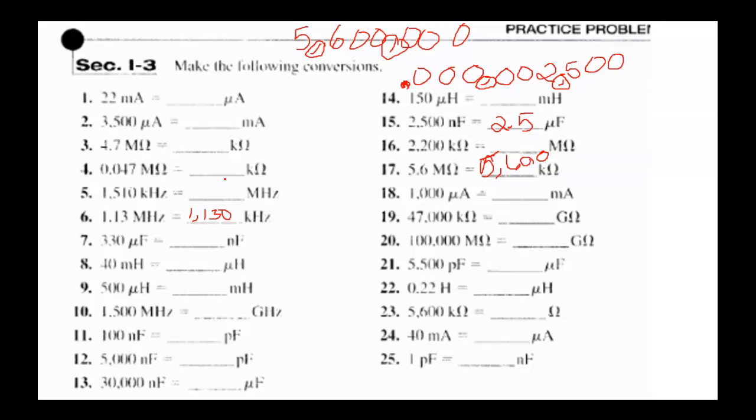With this one, I would start right here. Could you speak a little louder? So he's starting off at 22 milli, and then going that way to micro. So that's 6.